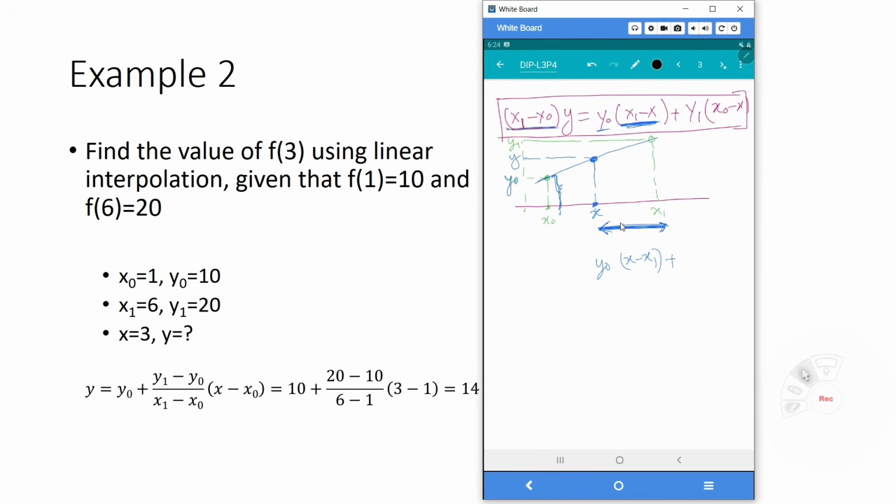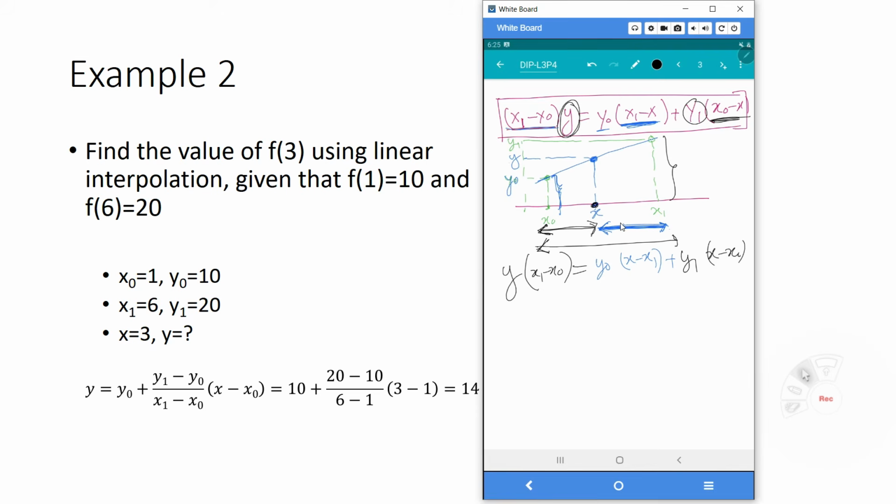That is x minus x naught, and this is exactly equal to our value y multiplied by the total distance. The total distance is x1 minus x naught.